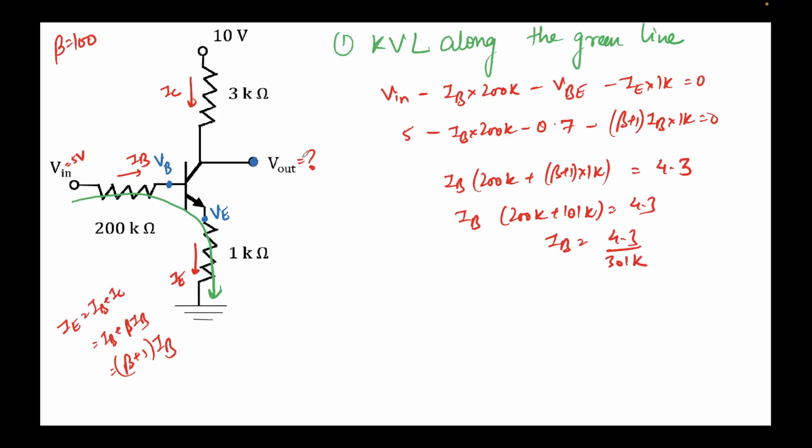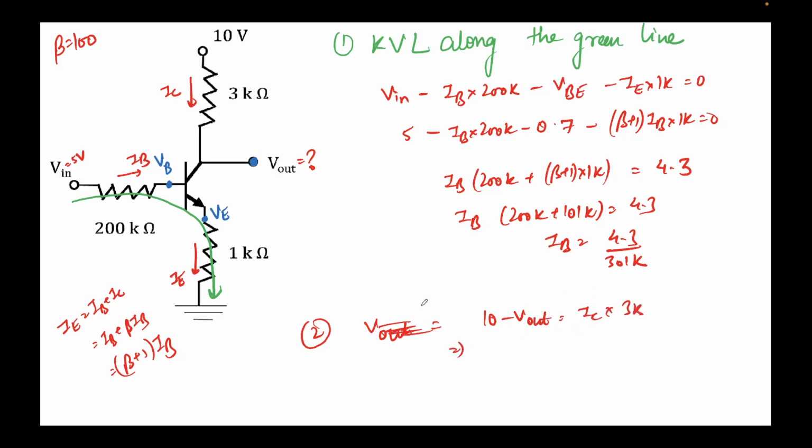And we were required to find Vout. So this is the second step. Vout we can find by applying Ohm's law across this 3 kilo ohm resistor. So it will be 10 minus Vout is equal to IC times 3K.